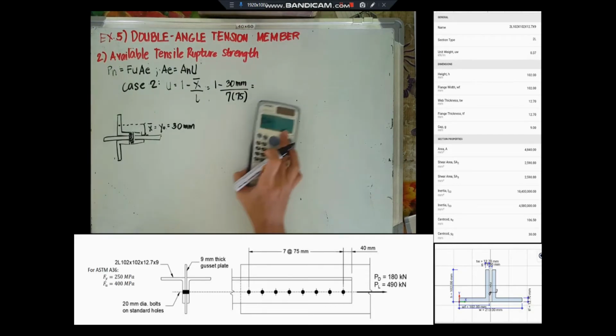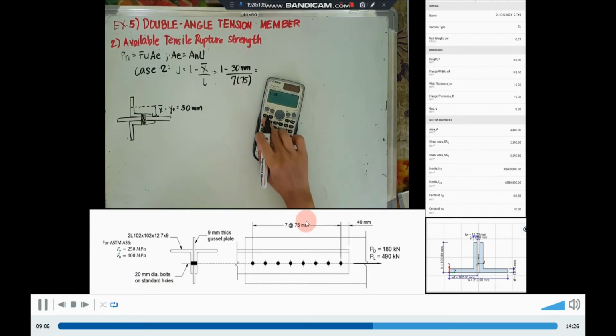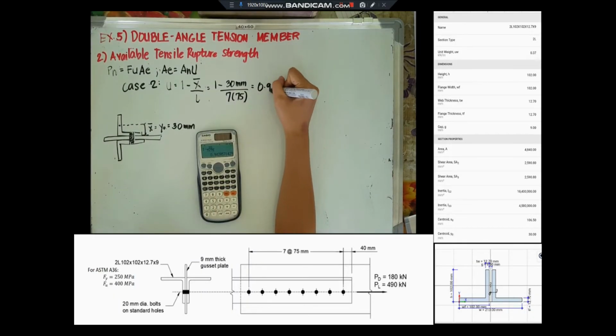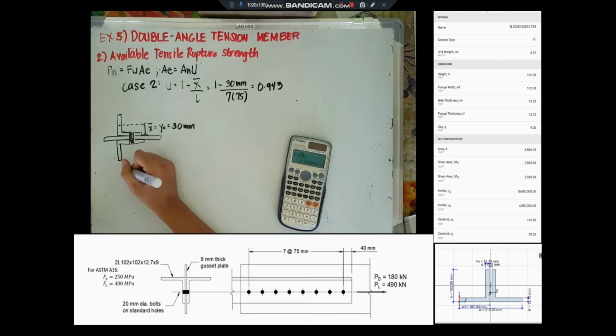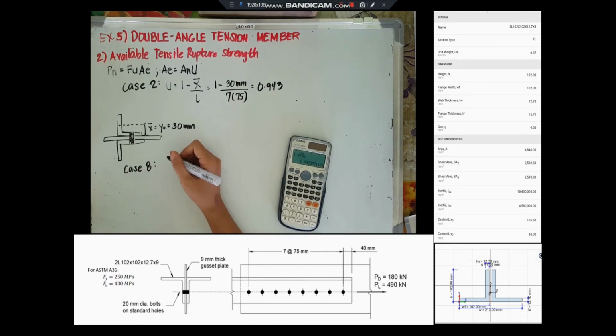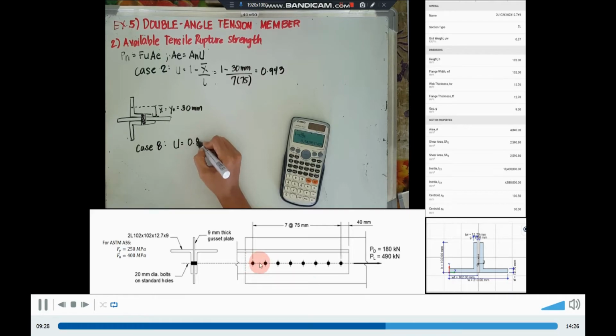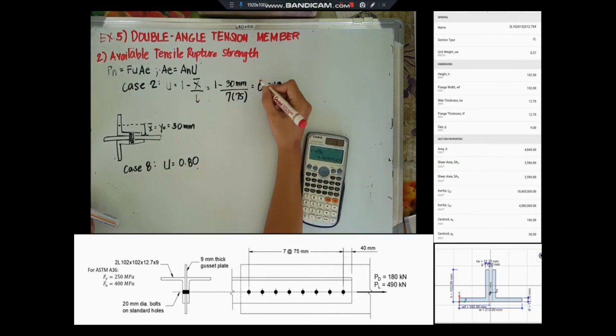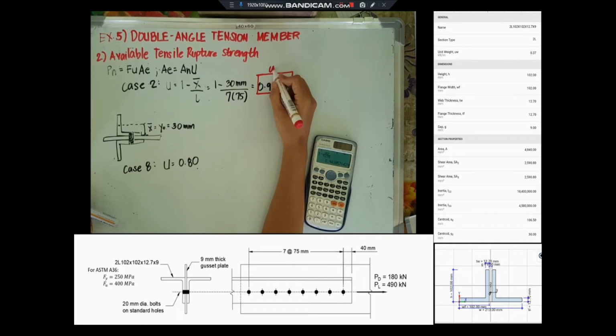So our shear lag factor is 0.943, and then for case number 8, as I said earlier, we will consider 0.8 since we have 8 fasteners here. So whichever is greater, case number 2 is larger, so we will be using 0.943 as our shear lag factor.